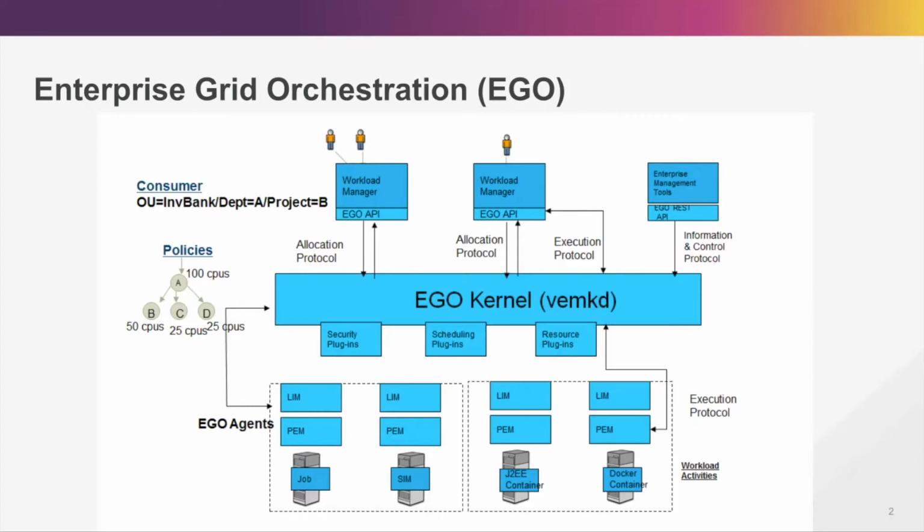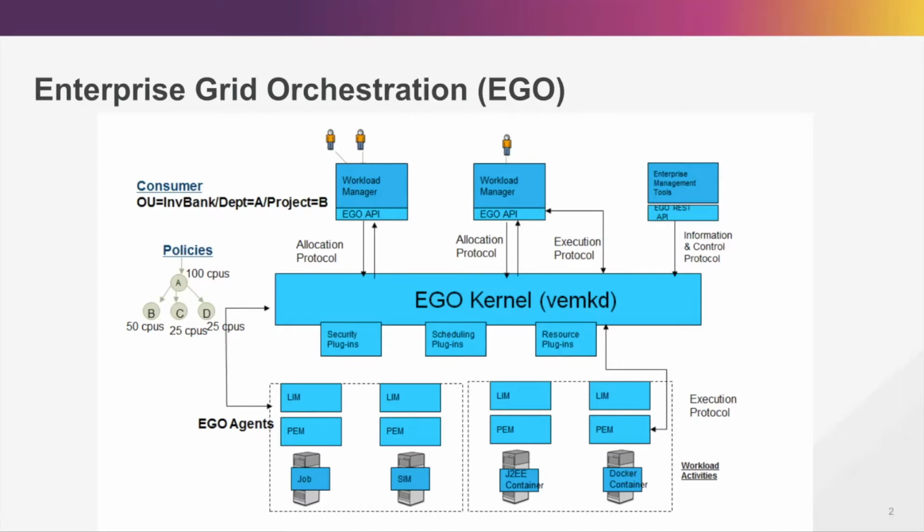Next, we have the Process Execution Manager, PEM, which provides execution capabilities such as starting and stopping of processes or containers. The LIM daemons elect a master which acts as a central point of aggregating information about the cluster.